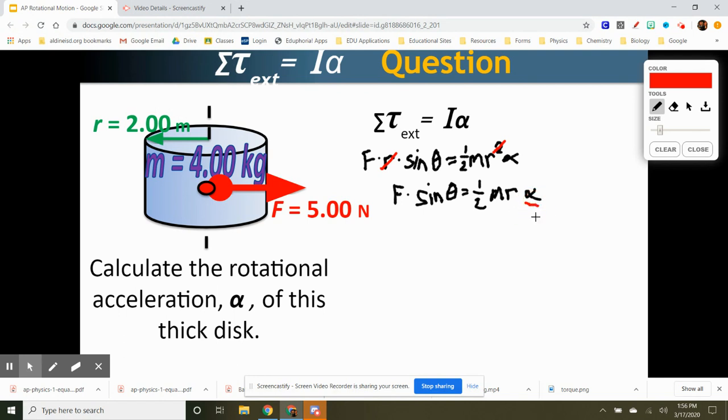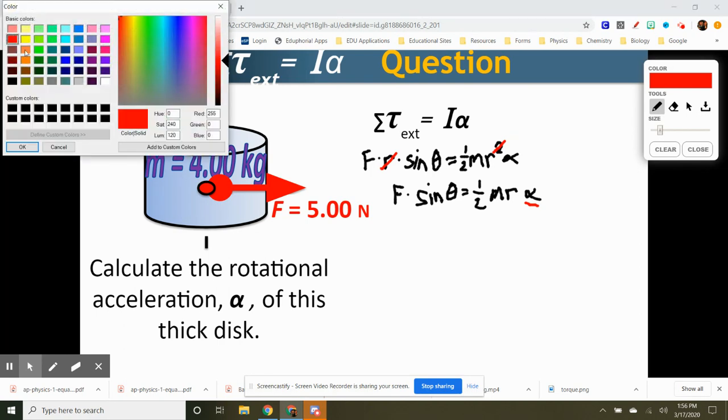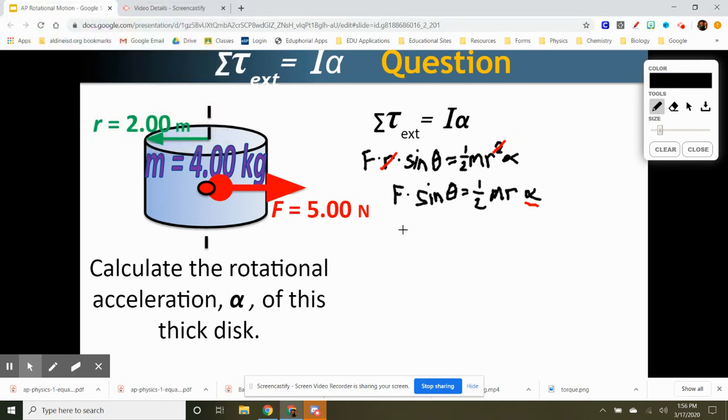So we can do some algebra to get angular acceleration by itself. So that's F sine beta. Move the 1/2 over, so that makes this a 2. And then divided by m r. That's a very pretty R, Miss Witecki.